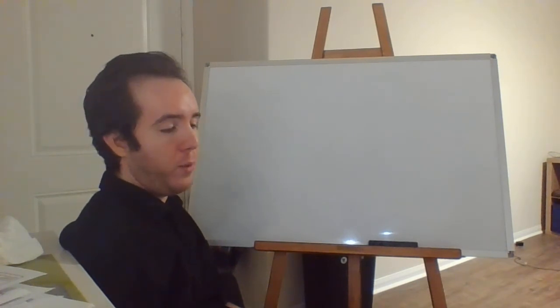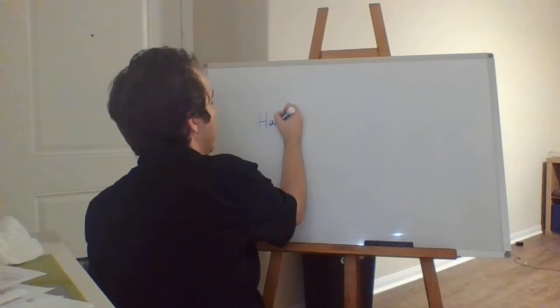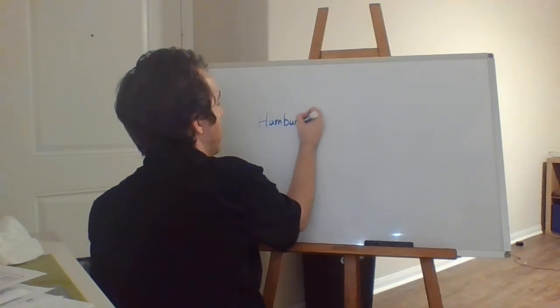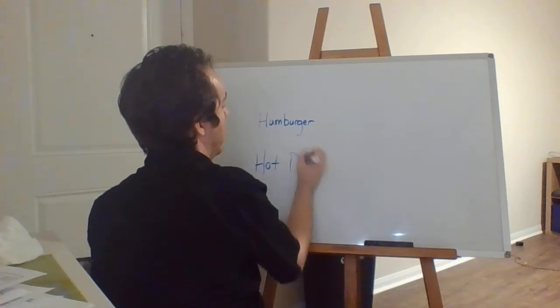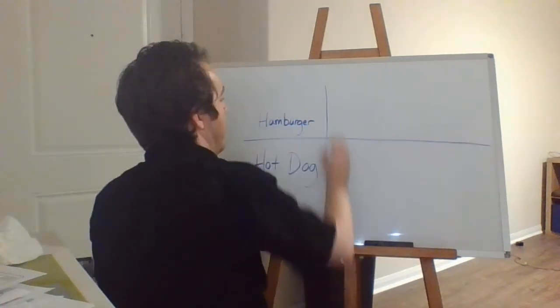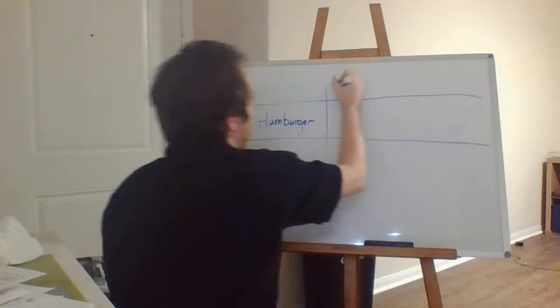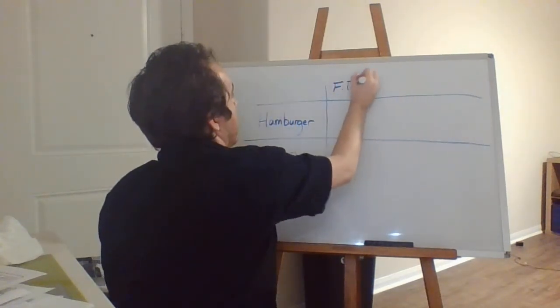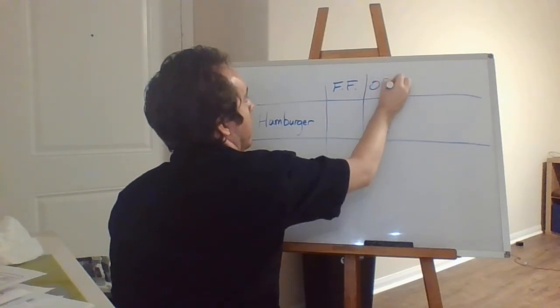Now, we have this table where someone orders either a hamburger or a hot dog. Lots of food here. And with that hamburger or hot dog, they may order the following things. I'm going to have to abbreviate this. French fries, onion rings, fruit cup, or yogurt.